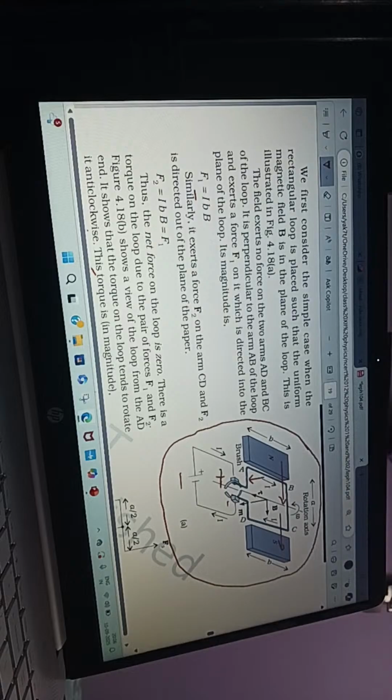Both the figures are the same. Any difference you found? Difference is there. What is the difference?